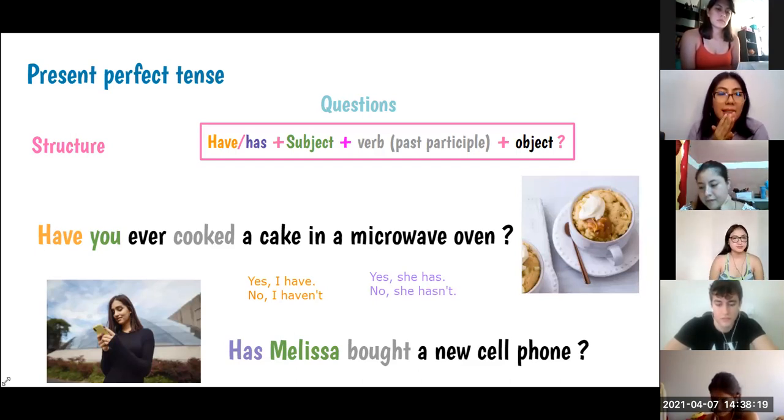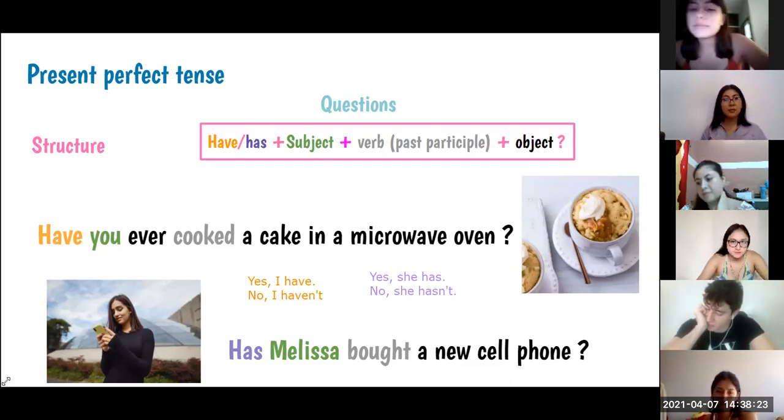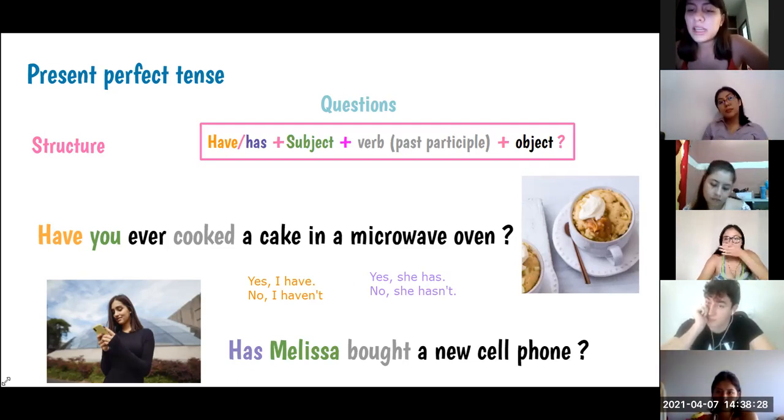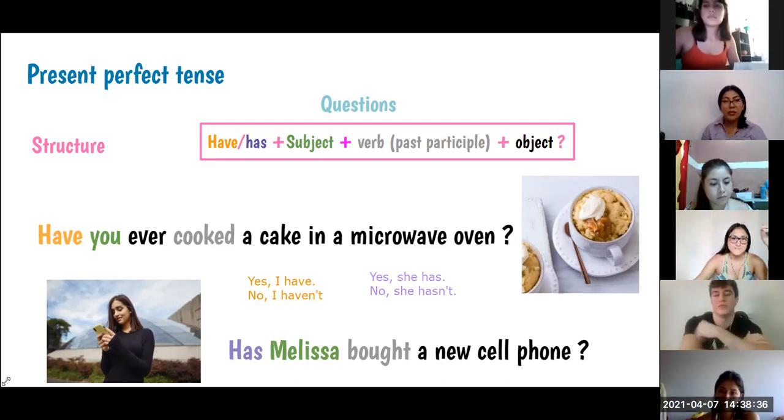Let's go with Agni, please. Nisa, have you ever eaten some ice cream with French fries? No, I haven't. Okay, Indira, what about you?